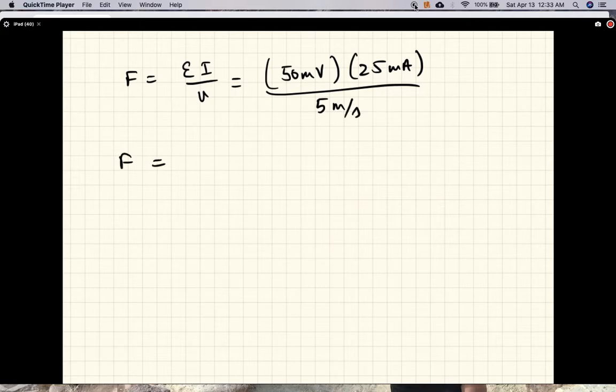Okay, so the force is 50, the 5 cancels. 50 times 5 is 250, and milli times milli is micro, so that's 10 to the minus 3 times 10 to the minus 3, which is 10 minus 6. And volt times amperes, of course, is, so this is newtons. That's a force.